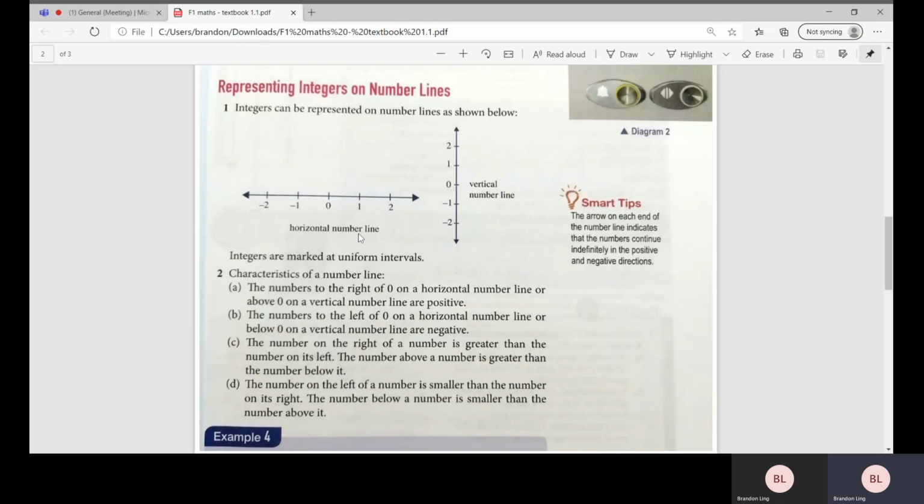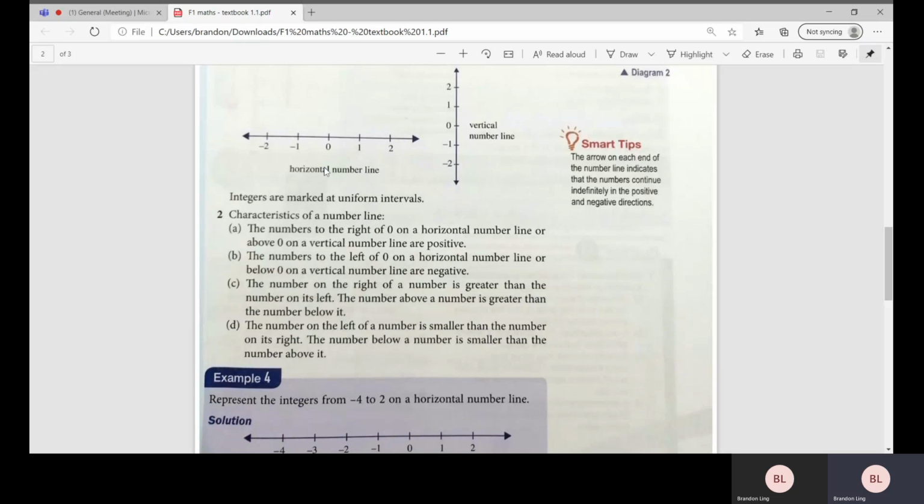The characteristics are that the numbers on your right are positive. The more towards your right side, the bigger the number is. Towards the left side, it is negative numbers. The further down on your left side, the smaller the number.